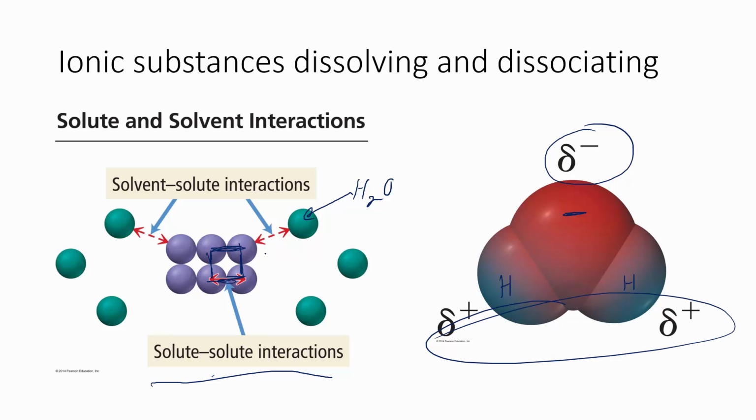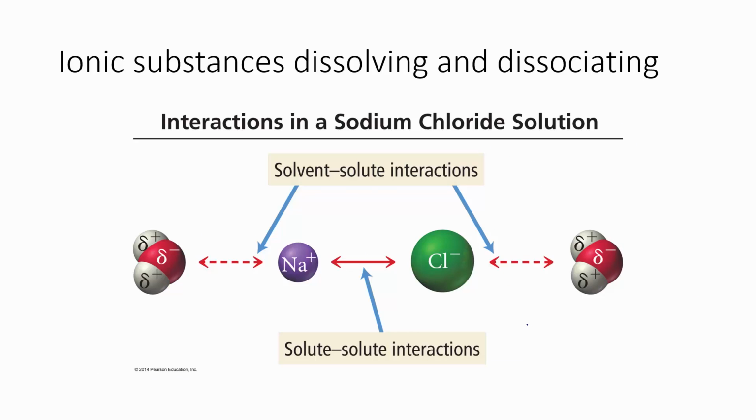So it can get in there and surround the positive ions with the negative side of water and kind of pull it away, because you can have more pull from a bunch of water molecules than you might have from a couple of negative ions surrounding them. And the same thing can happen with the other side. The negative ions can be drawn away by being surrounded by positive portions of water molecules.